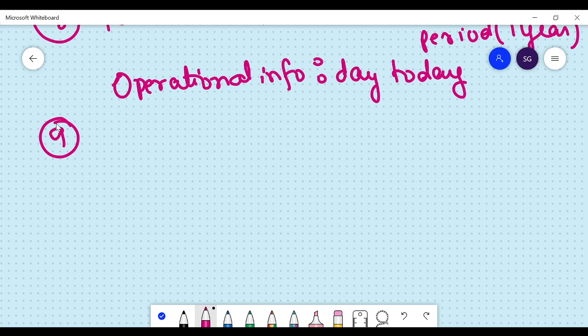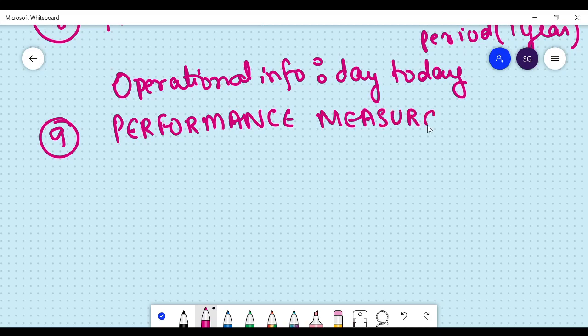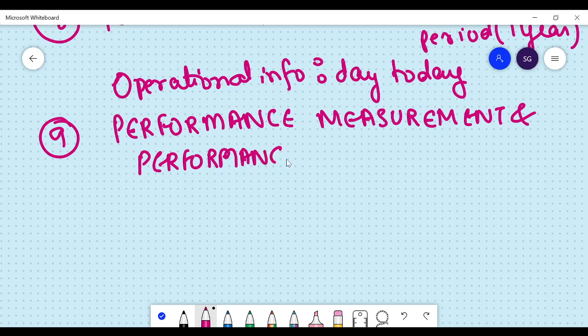Ninth point, performance measurement and performance management.